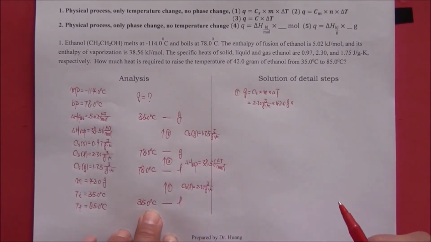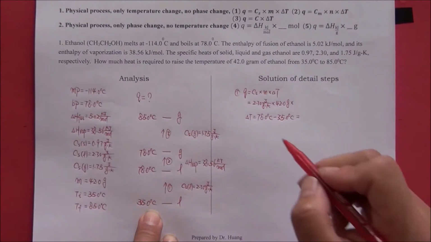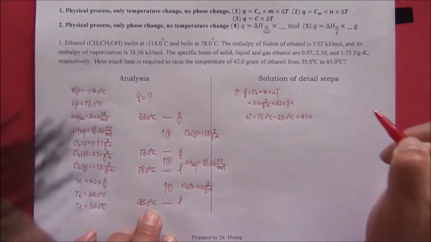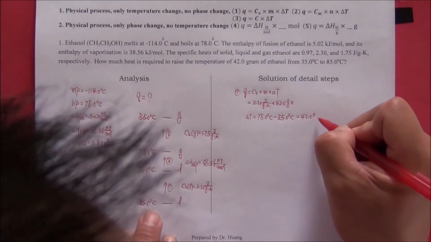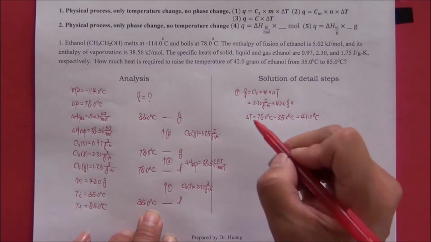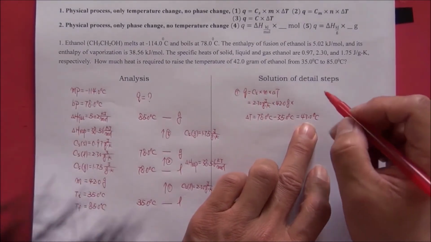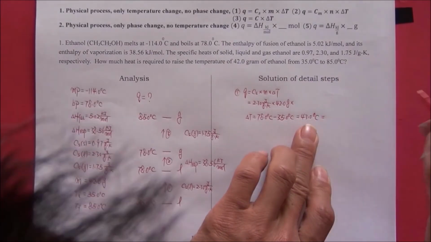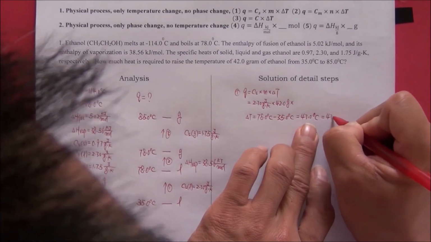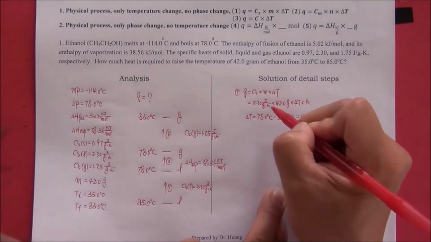The change of temperature is the final temperature minus the initial temperature of this step. After you punch all numbers into a calculator, we get 43.0 degrees Celsius. If it is a temperature change, 1 degree Celsius equal to 1 Kelvin. Therefore, the change of temperature is 43.0 Kelvin.